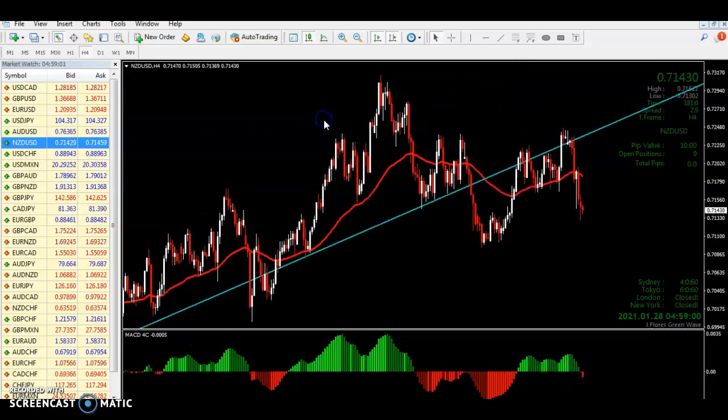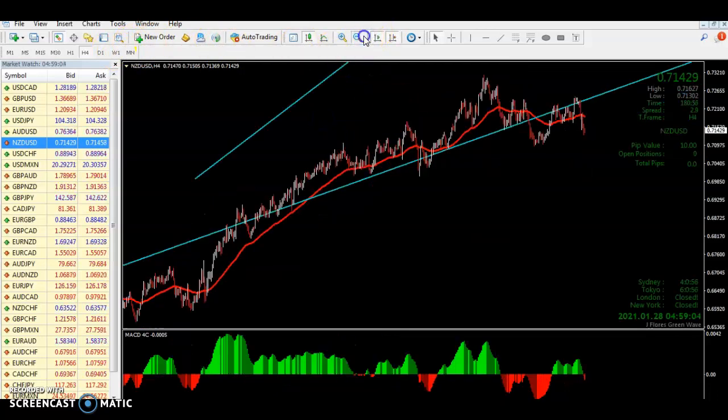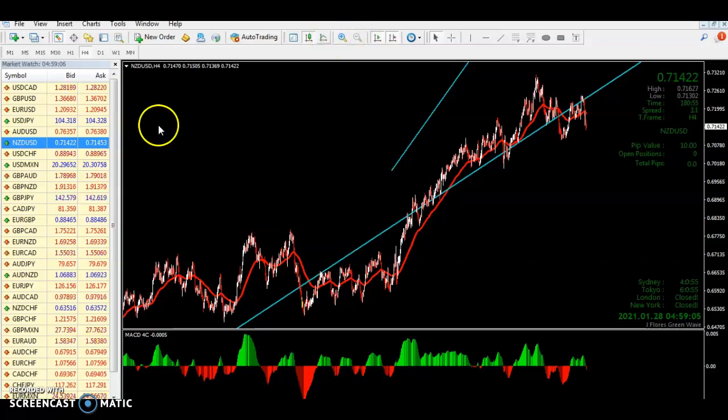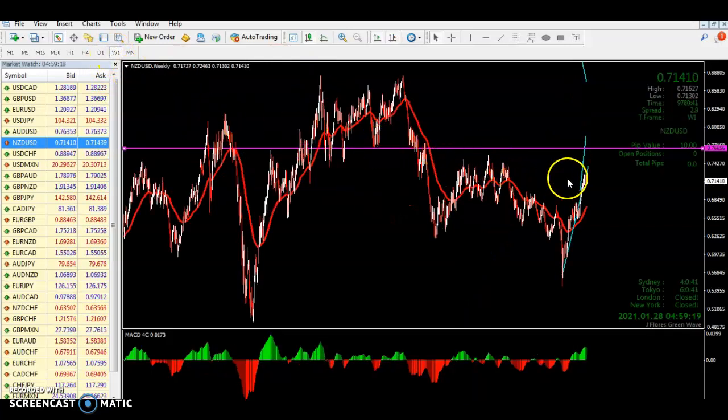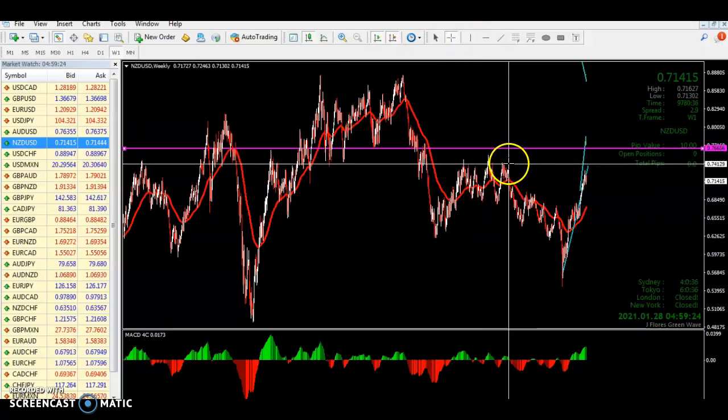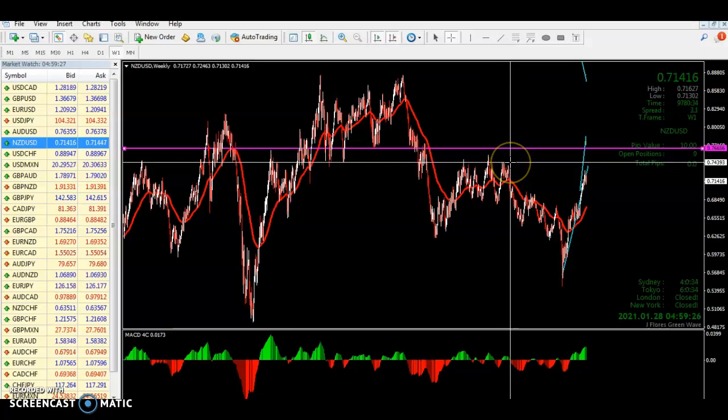NZD USD. This is what we got. Let me make it a little smaller. We were talking about that this was a very, very extended impulse in the daily. If I look left in the daily for this impulse, I can see that we have a support right there.